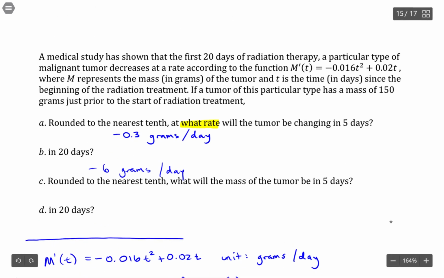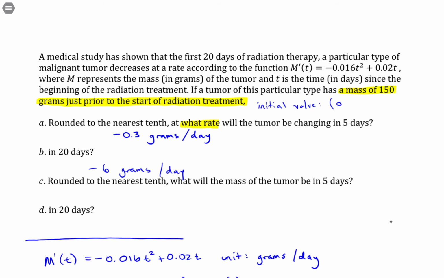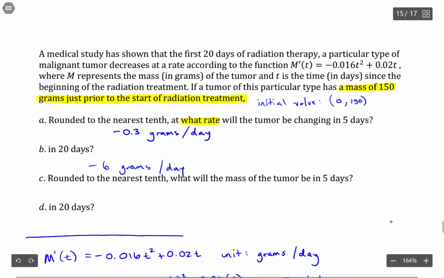So, for instance, if a tumor of this particular type has a mass of 150 grams just prior to the start of radiation treatment, that's an initial value. So what that's saying is when we start radiation treatment, so at t equals 0 in terms of radiation treatment, the mass is 150 grams.